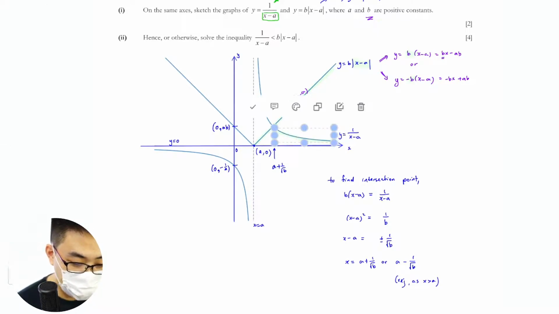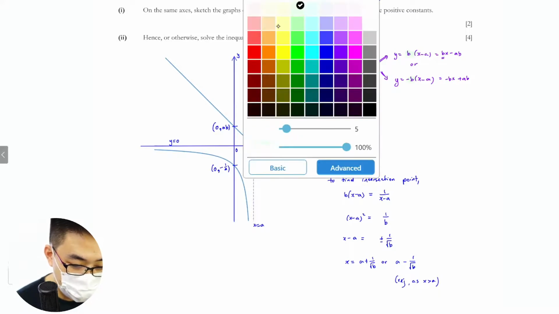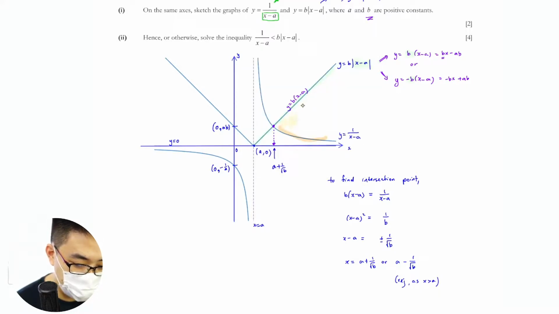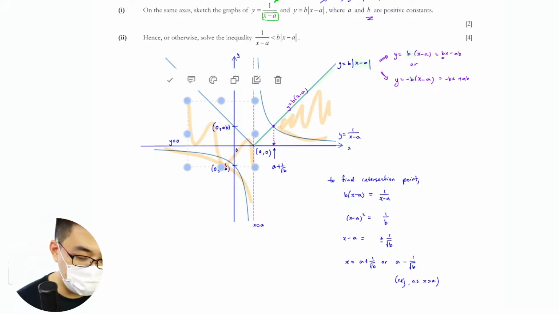Let me just draw it out. It's just here, below here, and then the rational function below here. So don't forget the one on the left, the left tail is also below.